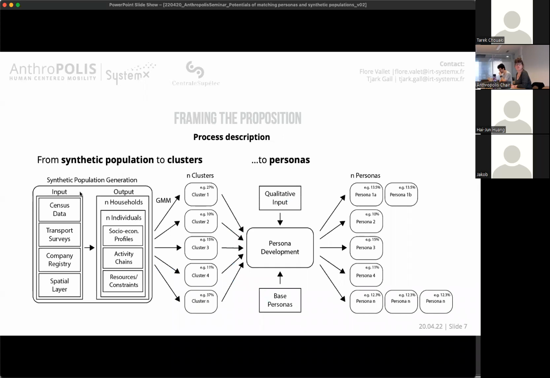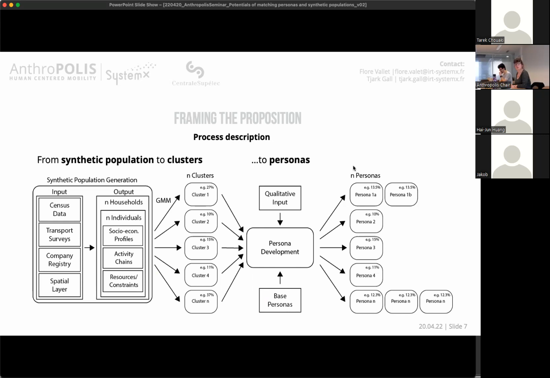That's the basis for building synthetic populations with the classical inputs: census data, transport surveys, company registries, spatial information, and the output being a certain number of individuals that are defined with their socioeconomic profiles, some activity chains, and some resources and personal constraints.